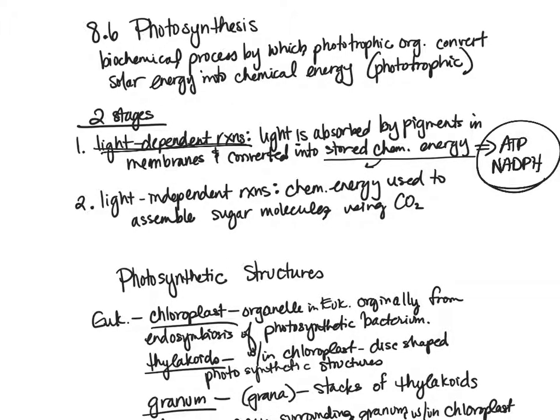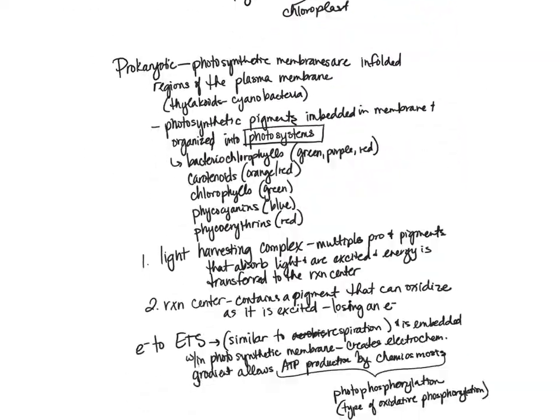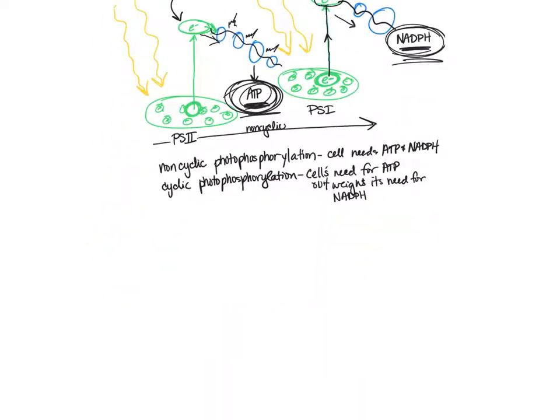Now let's take a closer look at our light independent reactions, where we're going to utilize this ATP and NADPH, and carbon dioxide as well, to make our organic molecules. Our light reactions provided us with ATP and NADPH.